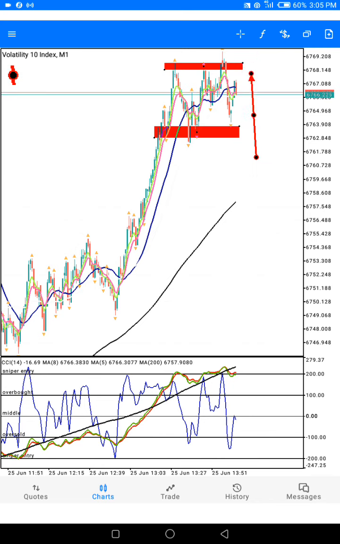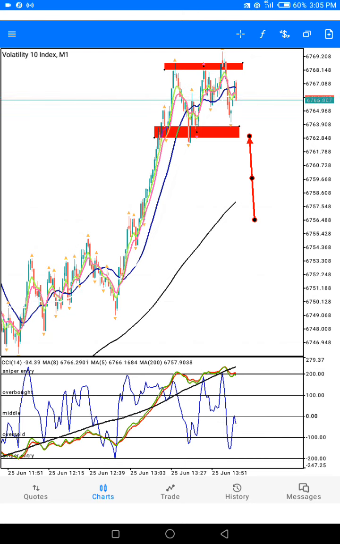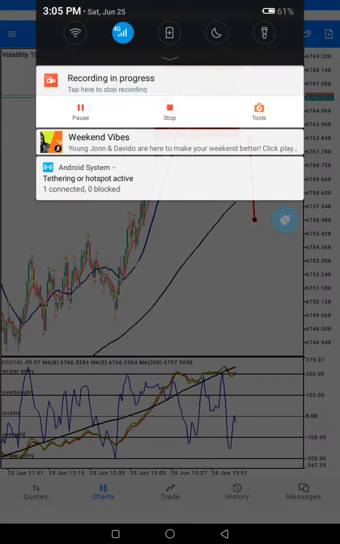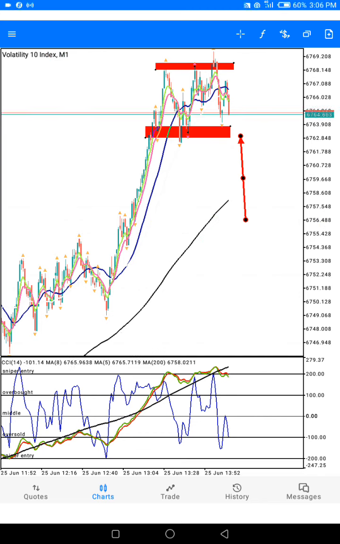For those of us trading the volatility, the fixed 10, this is the best opportunity to catch the trend. Now, as you can see, the moving average is already pointing in this direction, but we'll have to watch it. The 8 and 5 crossover, and the 20, are already pushing the price down to the sell direction, but we have to watch out.